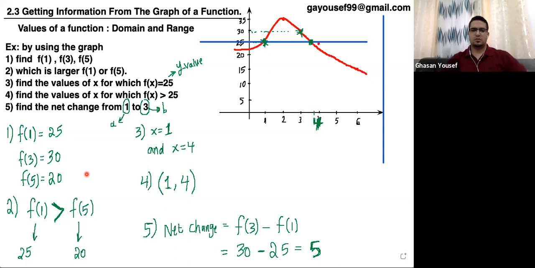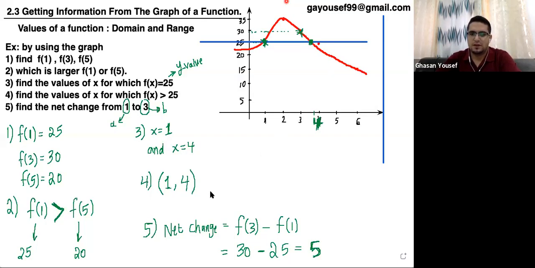So the answer without equal is open parentheses from 1 to 4. But what about if we have equal? Yes, this is correct.